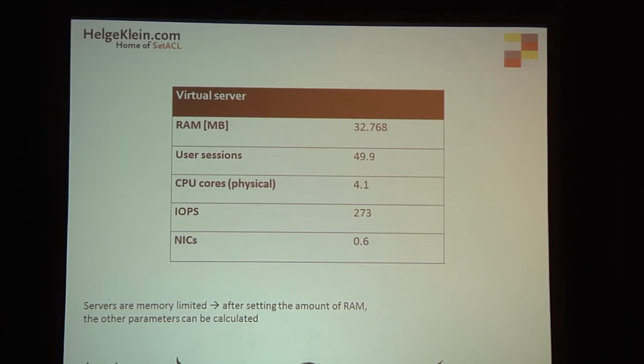With that set, I can deduce everything else. I will get 50 users per server. I need 4 cores. I need 270 IOPS per virtual machine, which is roughly 1 hard disk, 1 spindle, and 0.6 NICs. So there's a pretty handy size, and I'll be finished in a minute.